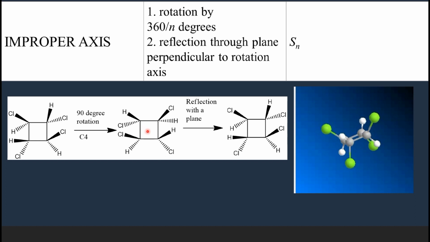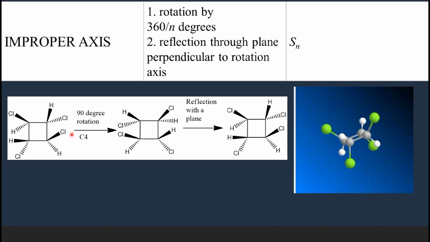So when we do a reflection, what happens? This chlorine in the alpha side comes to the beta and this is reflected to the alpha side. So now we will have chlorine in the beta side and hydrogen in the alpha side. Now you can see this structure is equivalent to the original one.